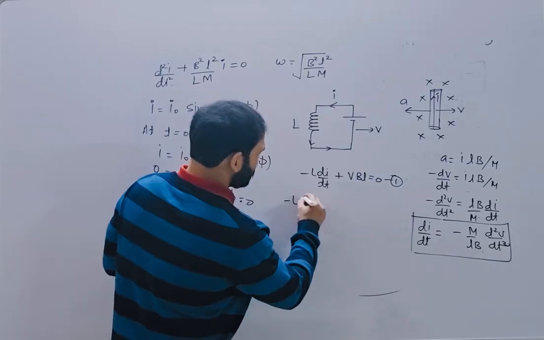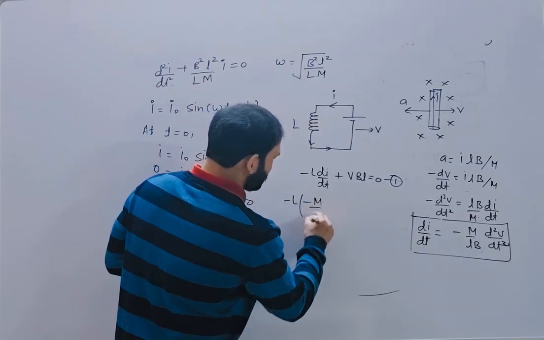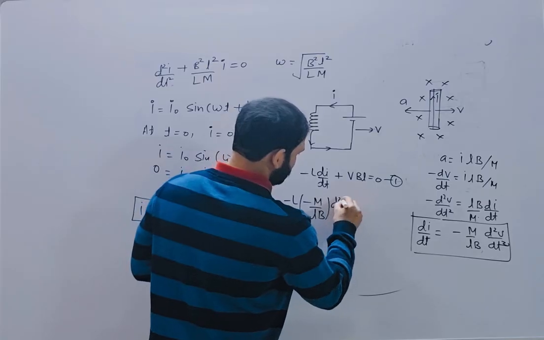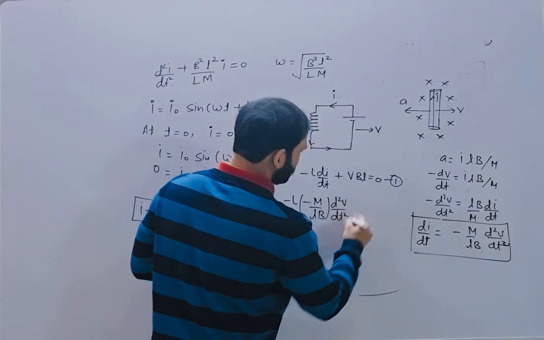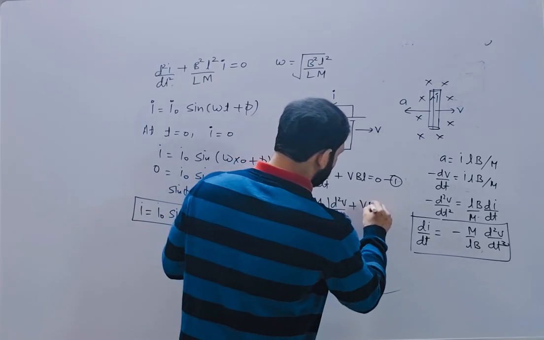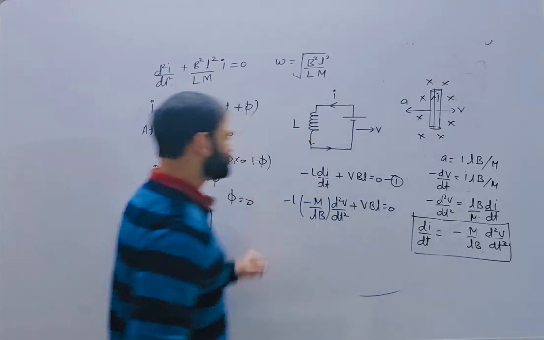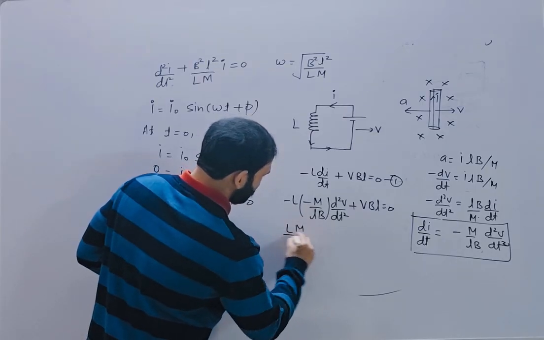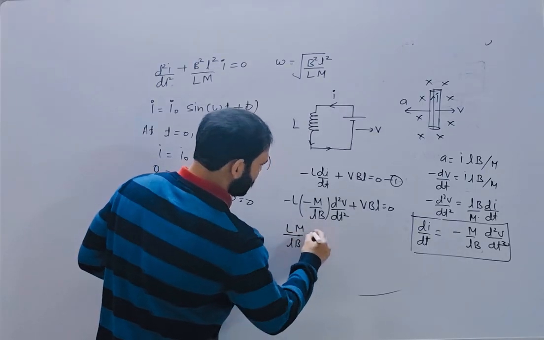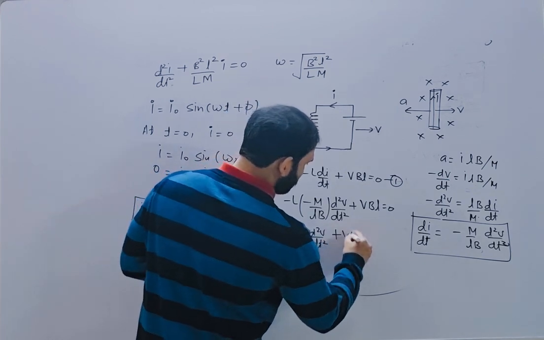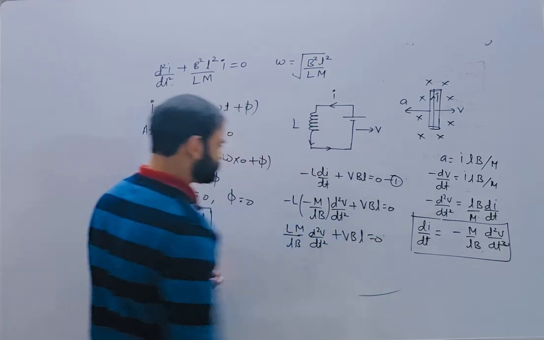Minus L into minus m by LB d2v by dt square plus vBL is equal to 0. Now you can write Lm by LB d2v by dt square plus vBL is equal to 0.